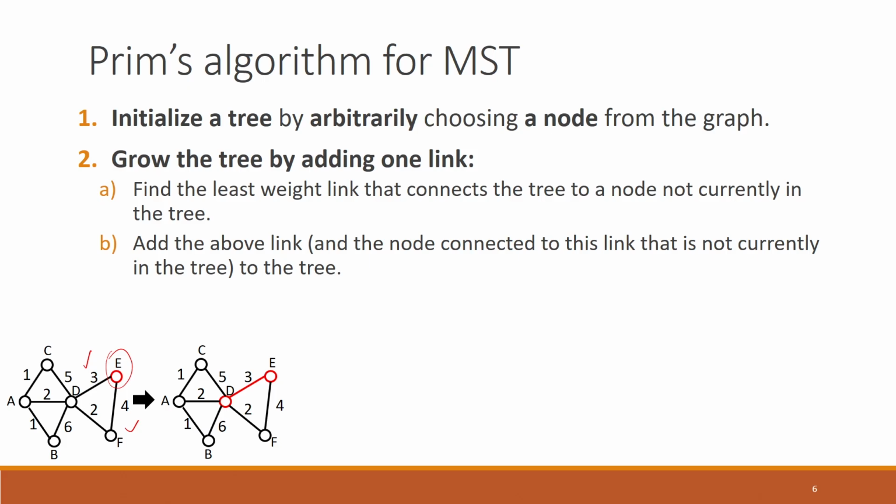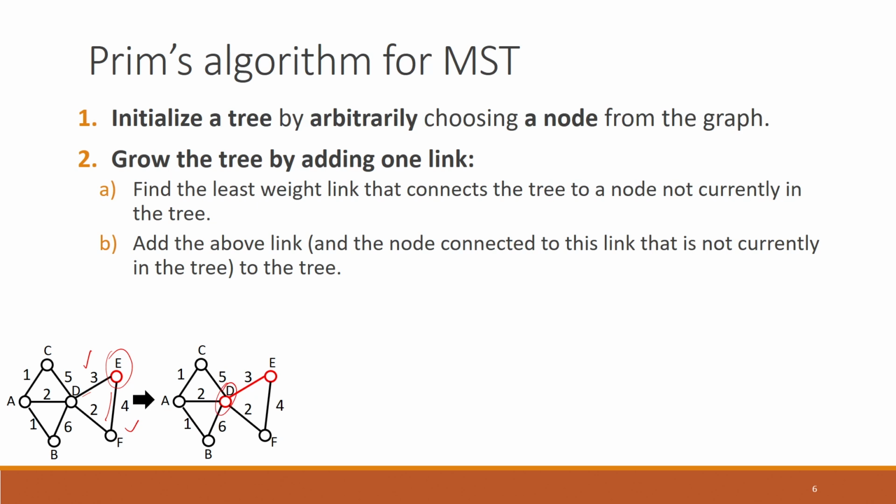So, that is why we only have the options of either selecting link DE or link EF. Now, out of these two links, link DE has the least weight. Okay. And when you select that link, we will also be adding the node D to this new tree.